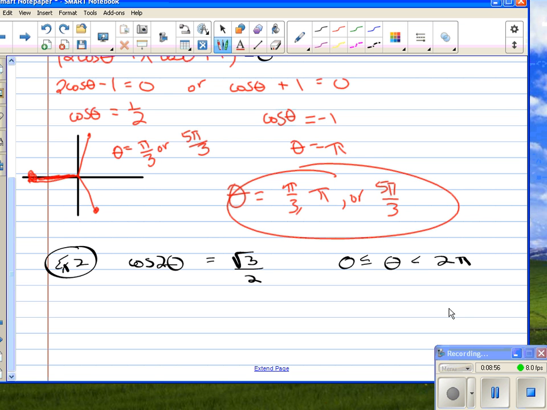Now, before you jump into this, I'm going to show you 2 ways that you could do this problem. And you can decide which way you like better.